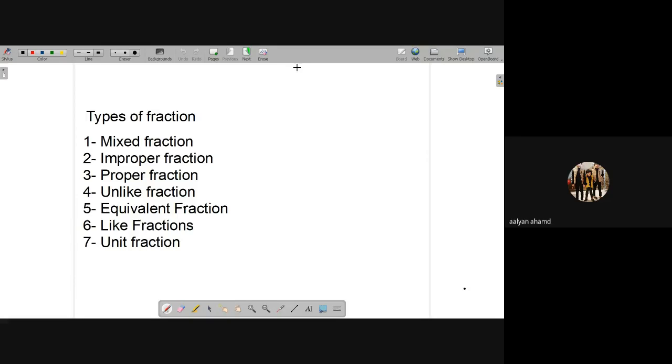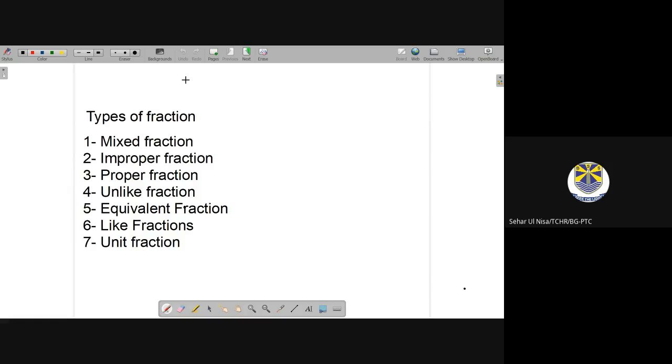And now we are doing types of fractions. These are 7 types of fractions. One by one I will explain these.